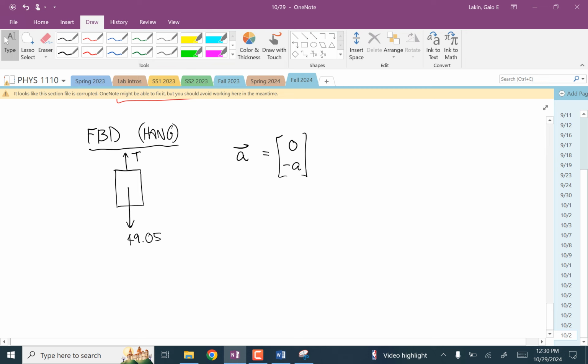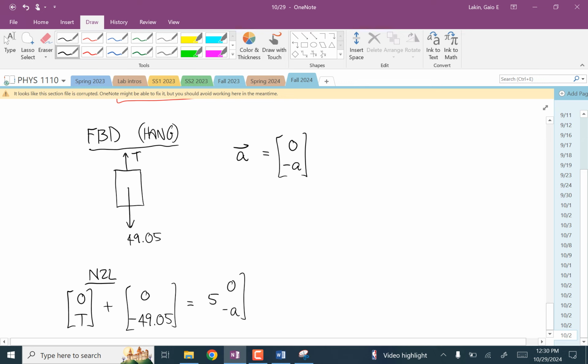Okay, so now Newton's second law says 0, T, plus 0, negative 49.05 is equal to the mass times that acceleration we just figured out.